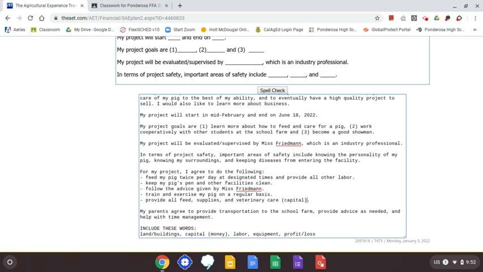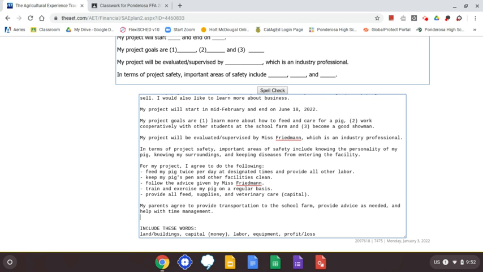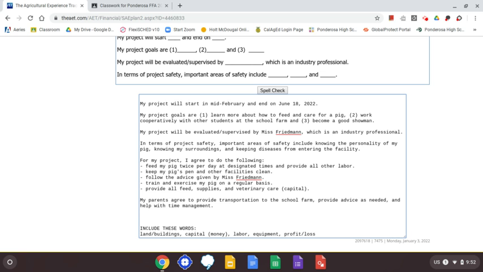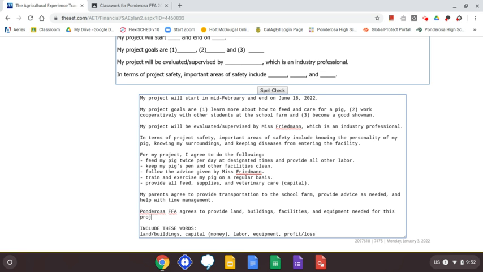And it's not Miss Friedman. She doesn't own the school farm, although she would like to. And so you're going to put something like Ponderosa FFA agrees to provide land, buildings, facilities, and equipment needed for this project.